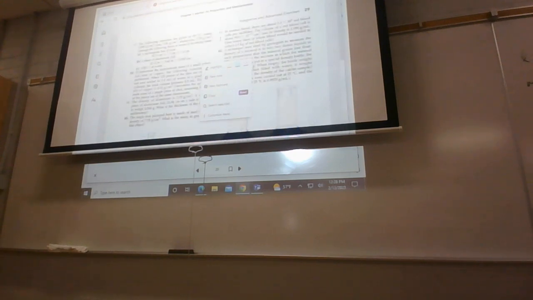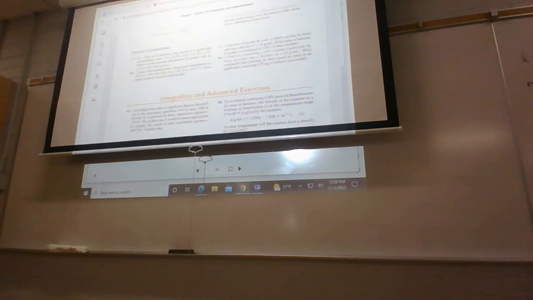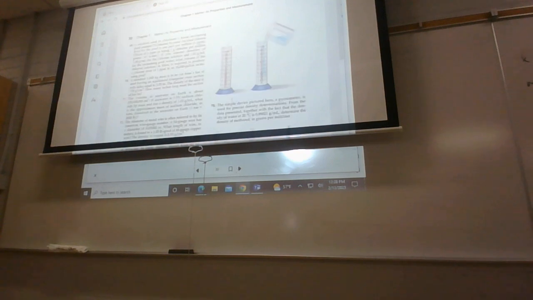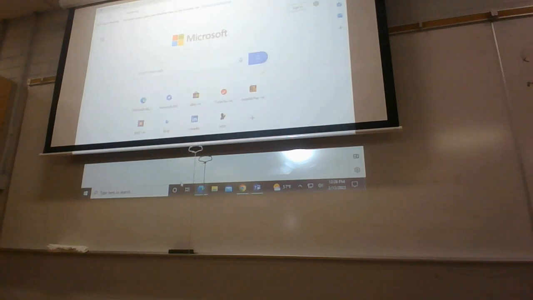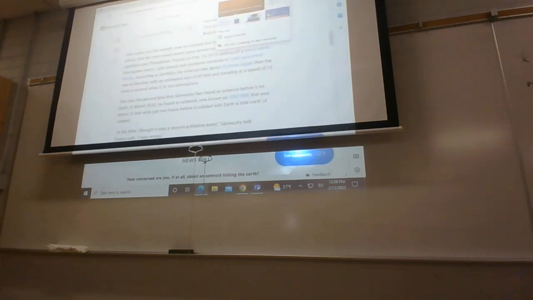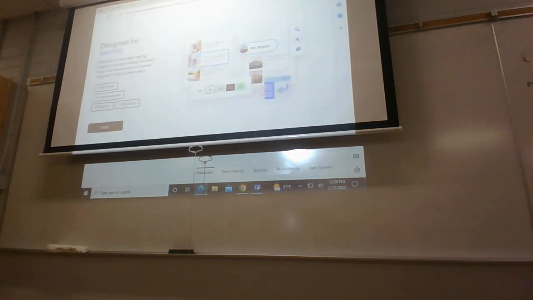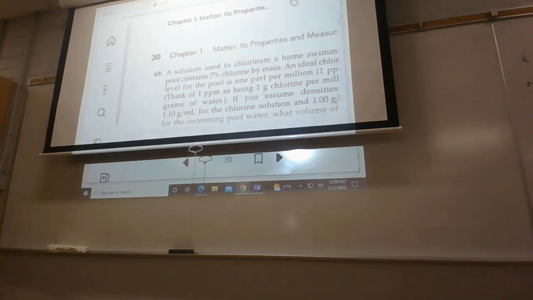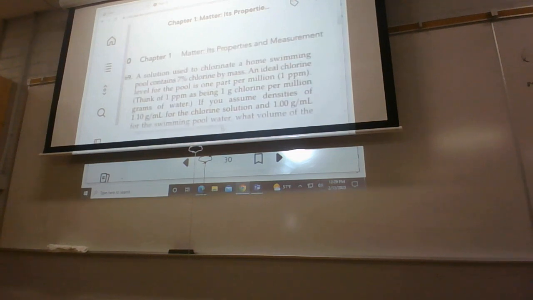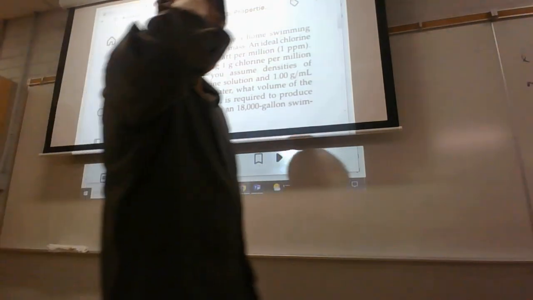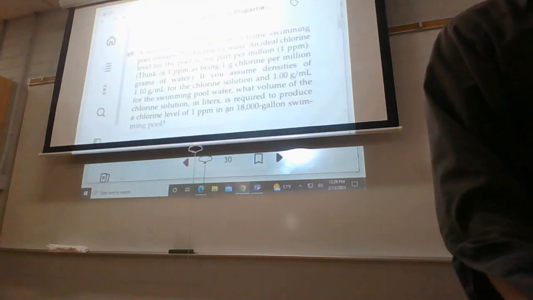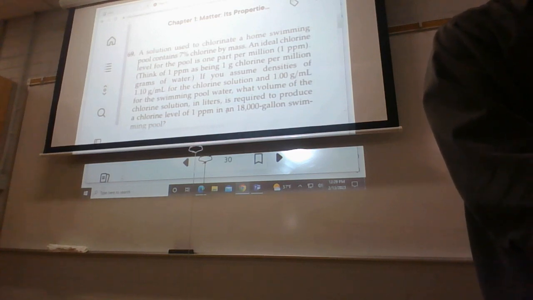Okay, let's go to the next page. All right, the most common technique that we use in chemistry to solve problems is dimensional analysis.